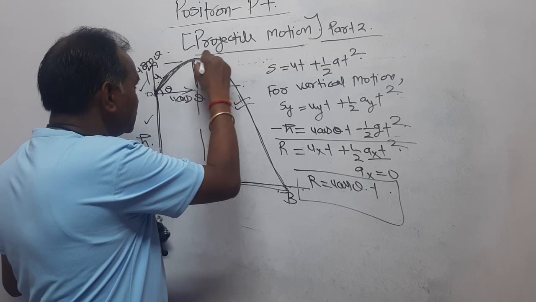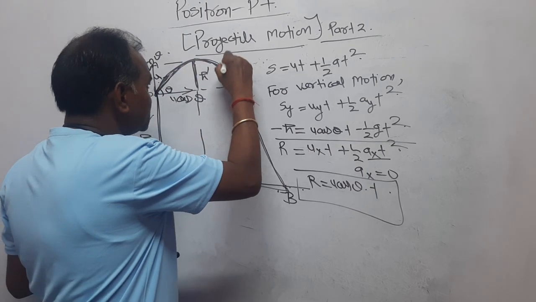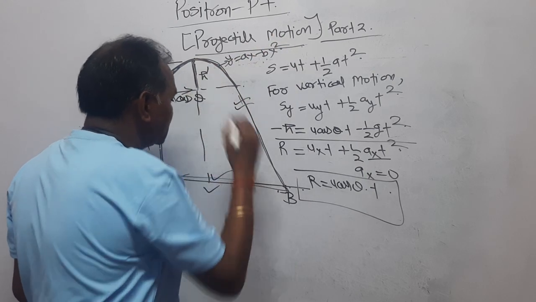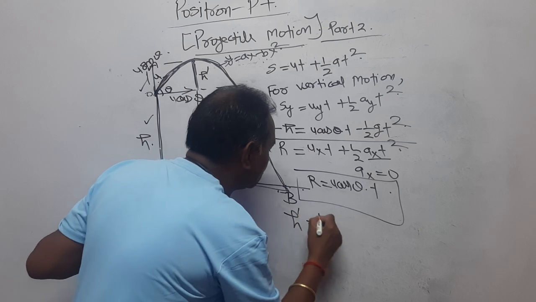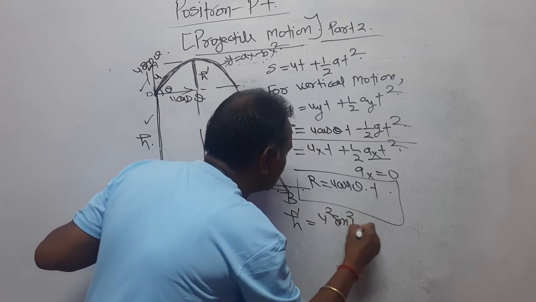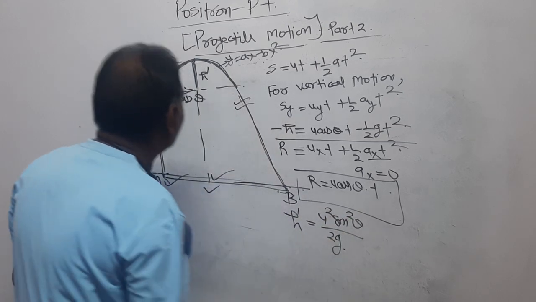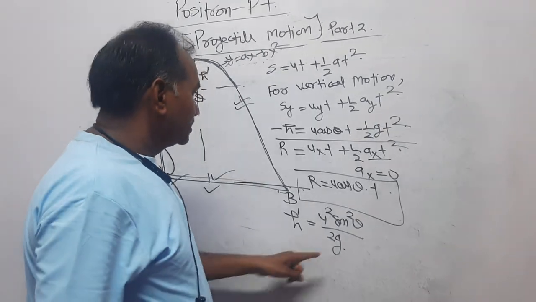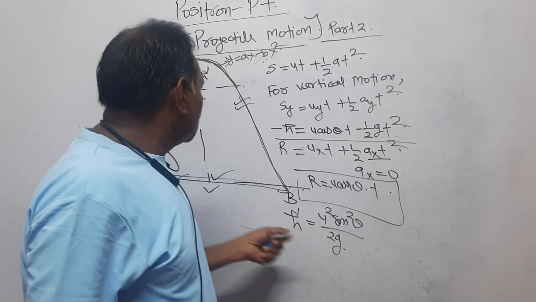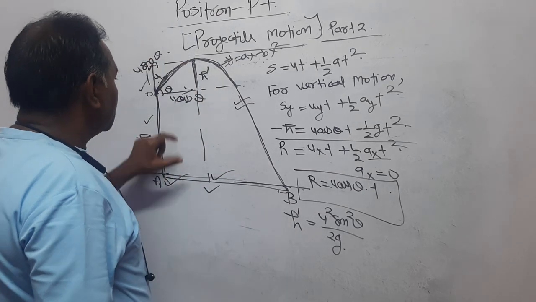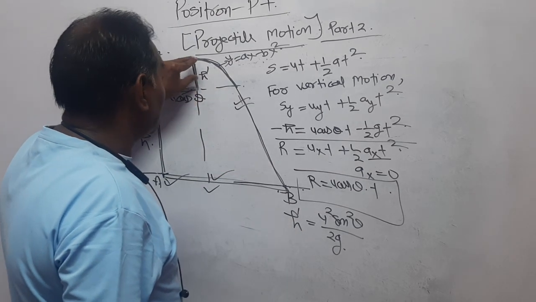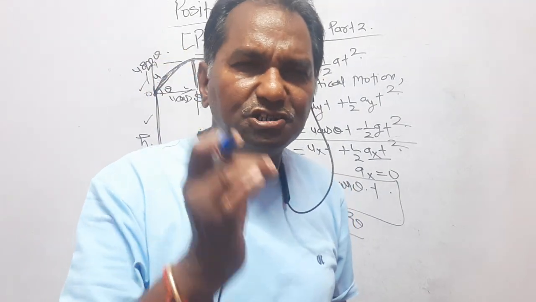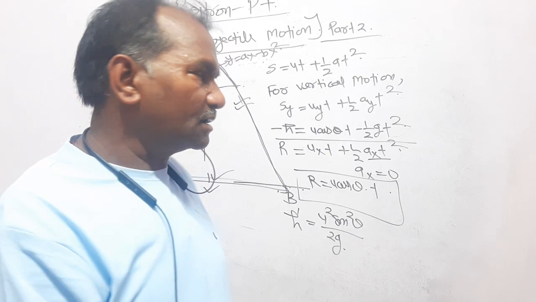First, we consider only this part, and this has the equation y = ax minus bx square, and you know h dash is equal to u square sin square theta upon 2g, right? u and theta must be given, g is known to you, so you can find h dash, and in this way if you add h and h dash, this will give the maximum height achieved by the projectile from the ground.